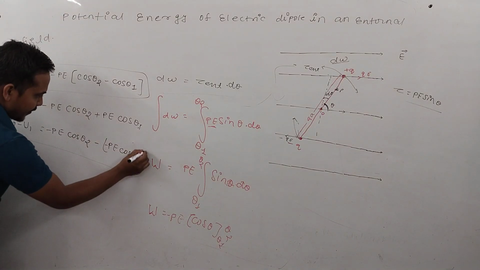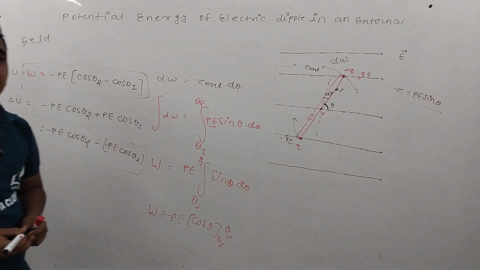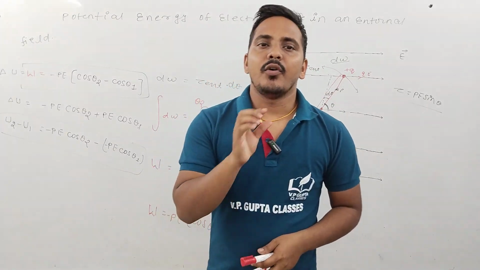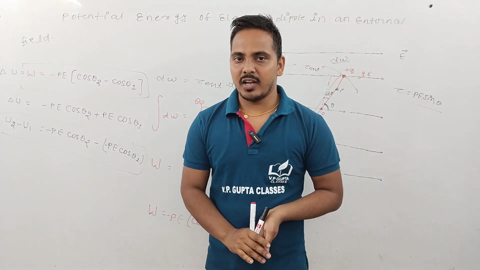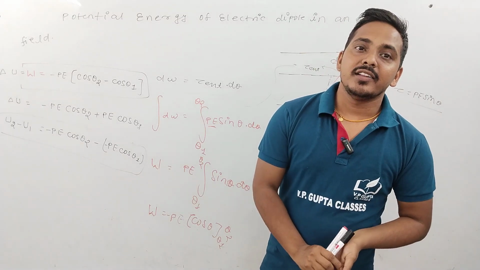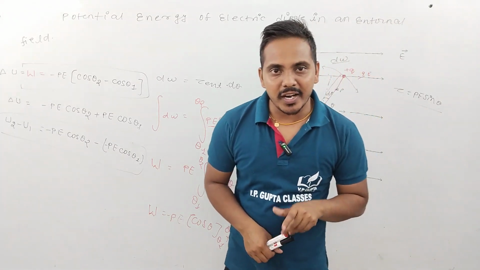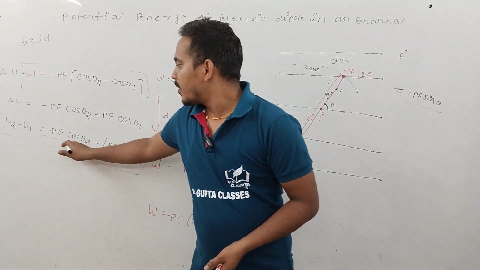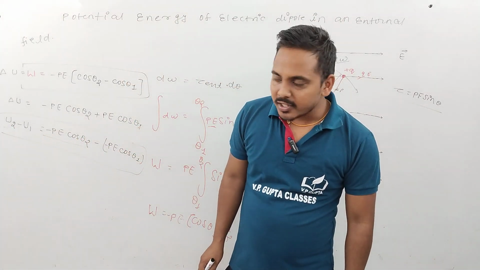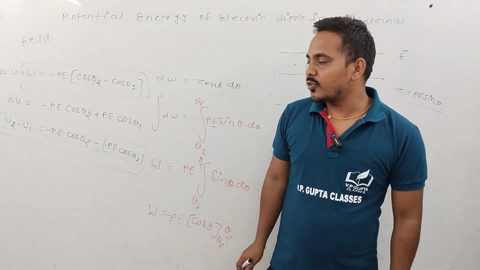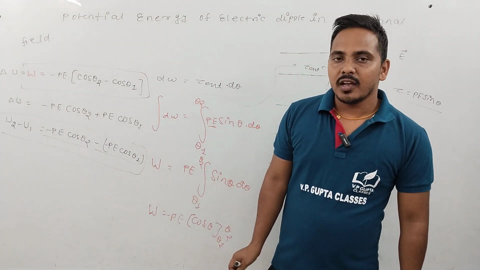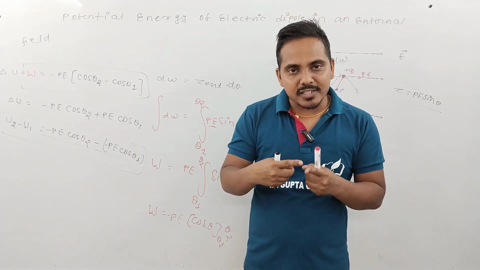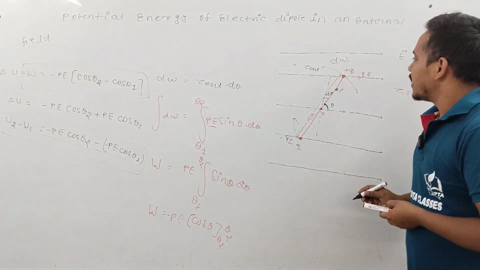If we are given a particular angle theta 1 or theta, then what is the potential energy of the electric dipole? U2 is equal to minus pE cos theta 2, and U1 is equal to minus pE cos theta 1. This formula is valid for change in potential energy.